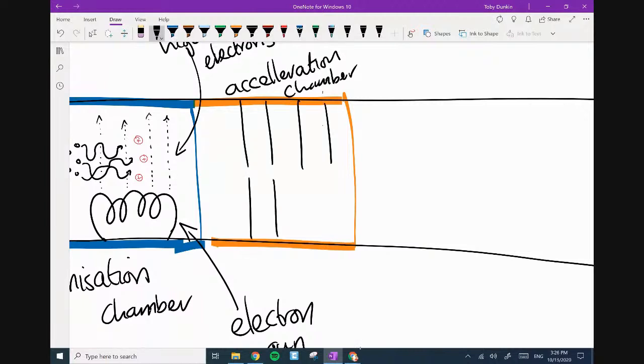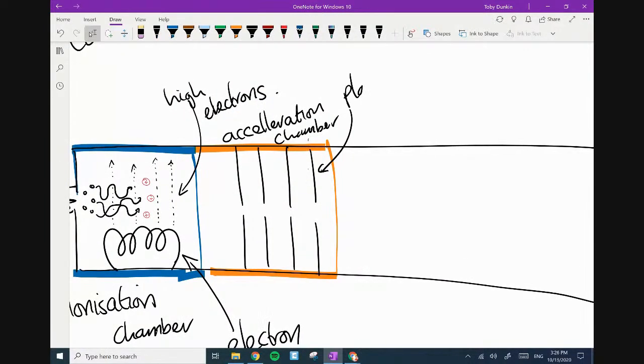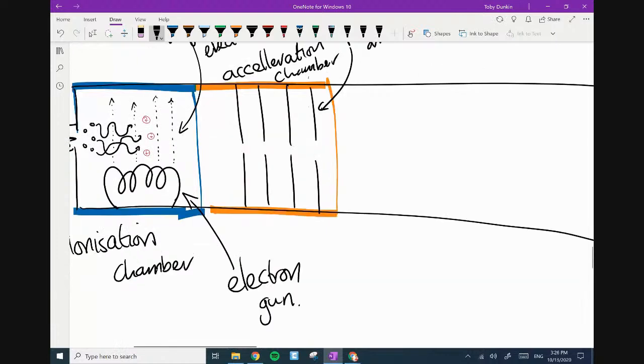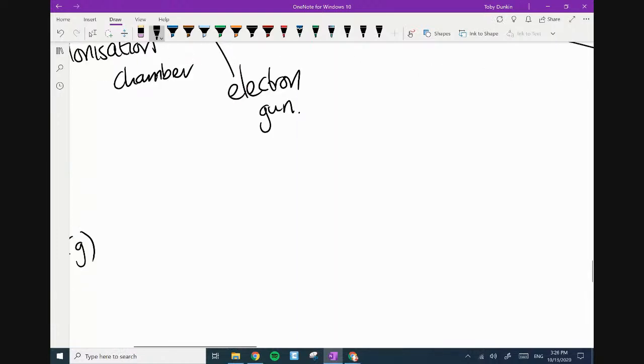Now, these plates are negatively charged, negative 10,000 volts. What this is going to do is attract the positive ions.